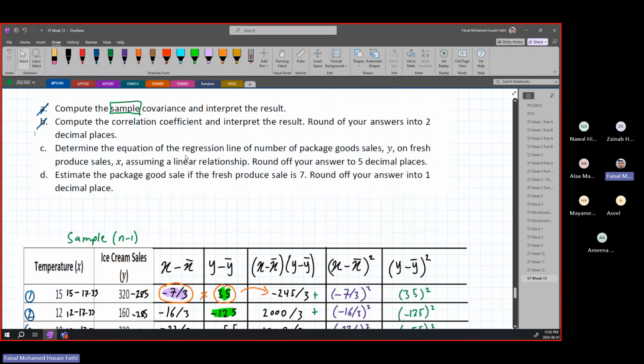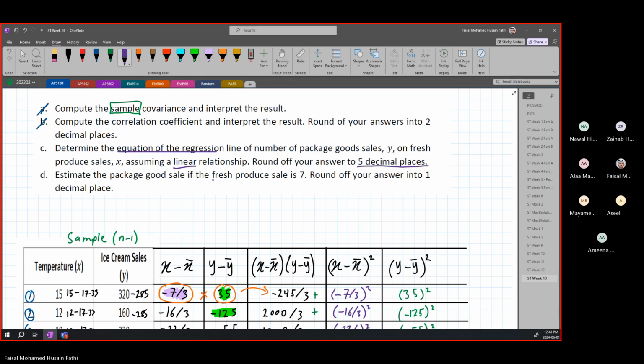Determine the equation of the regression line of number of packaged goods sales Y on fresh produce sales X, assuming a linear relationship. So obviously they're always going to be saying that. So assuming a linear relationship, and they say round off to 5 decimal places, so that can be a bit more accurate. So what we are trying to find is the equation of a linear line.